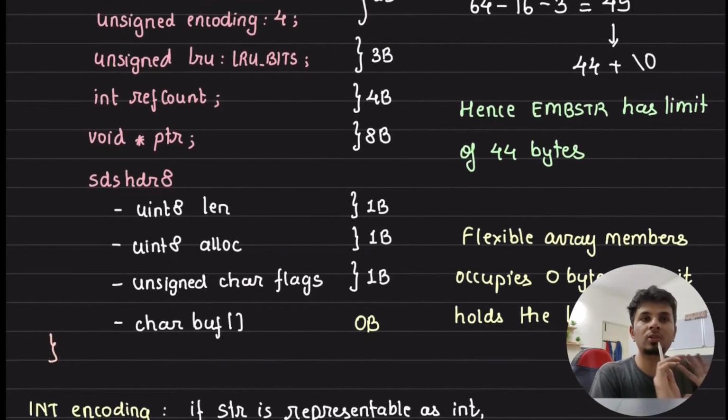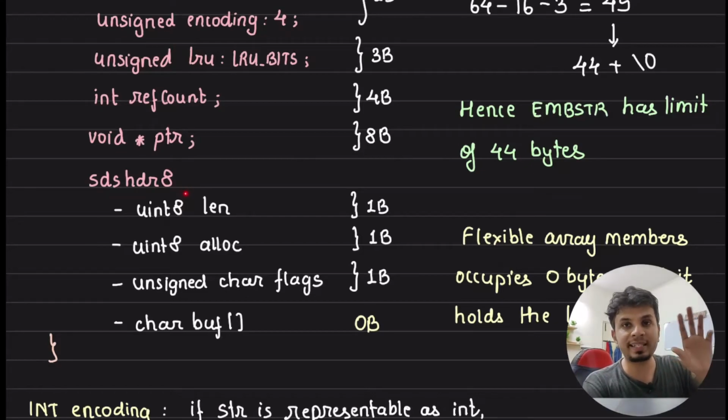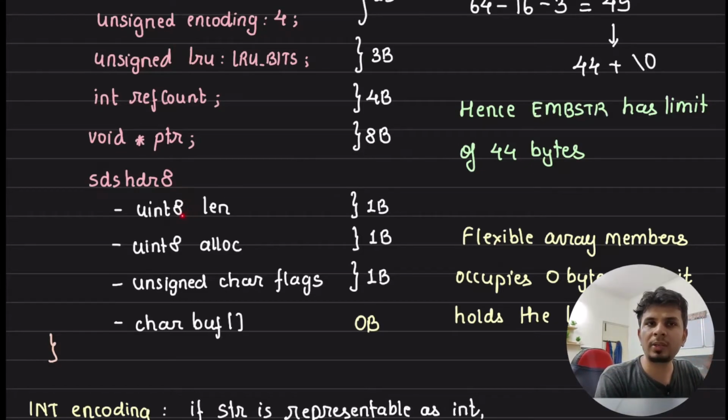Then because we are storing a string, we would be storing an SDS header. Now how big would the SDS header be? If you talk about SDS header 8, it would have a uint8 length and uint8 alloc, which means 8 bits over here, 8 bits over here, so 1 byte, 1 byte. Then unsigned char flag is 1 byte. So this is 3. So this was 16 plus 3.